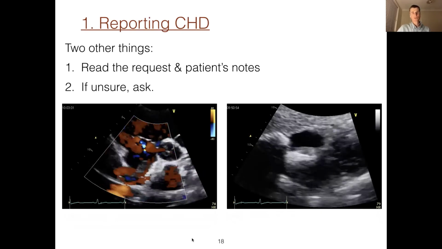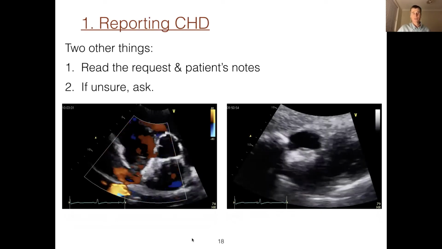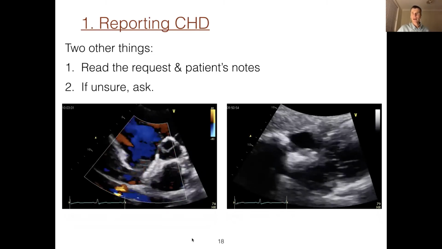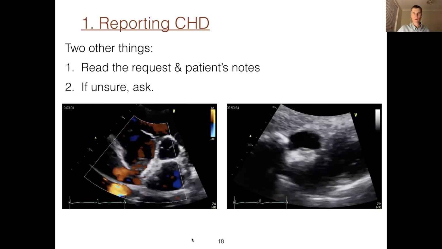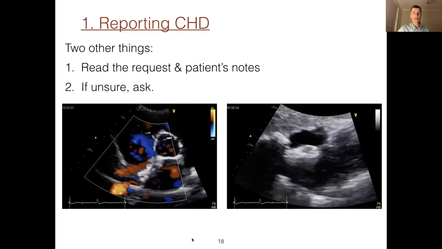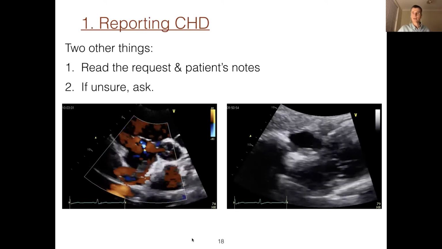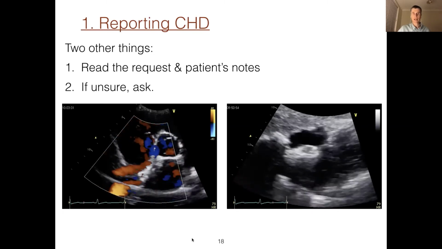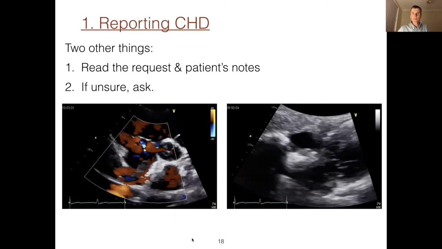It just so happens that fortunately I'd seen this a few times, but the patient did have an ASD at one point, which had been repaired using a device, an Amplatzer device in this case, and you can see it very clearly there.